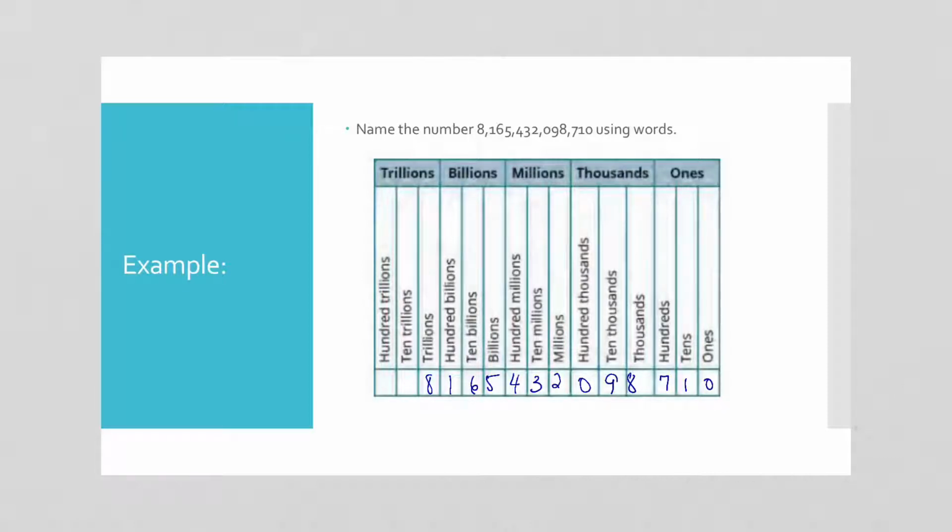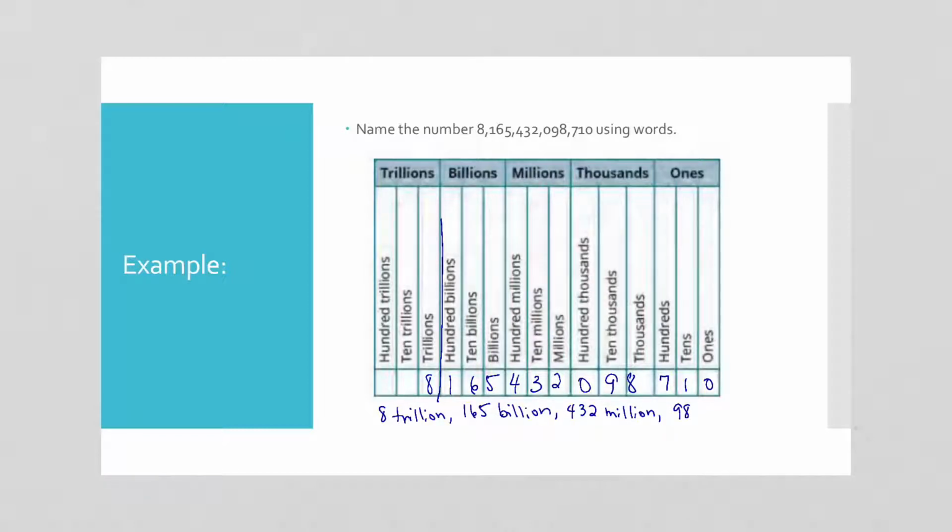Okay, so how I would say this is I would say 8 trillion 165 billion 432 million 98.